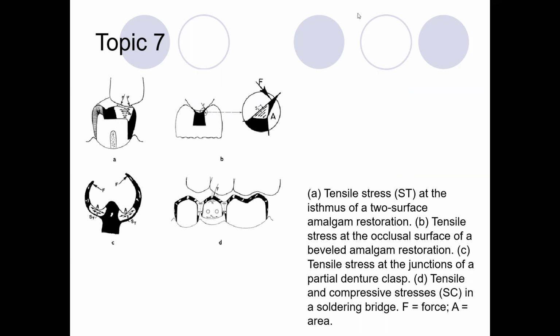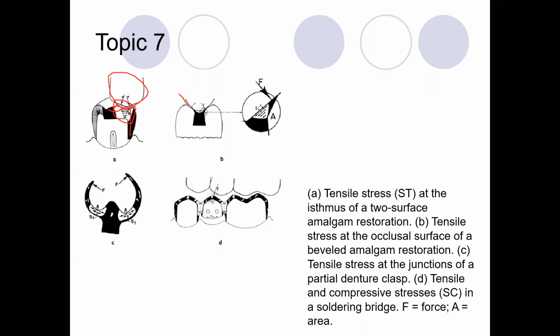Here we have different pictures of the different types of stresses. Here we have tensile stress between the upper teeth and the amalgam restoration, and in that part we have tensile stress.